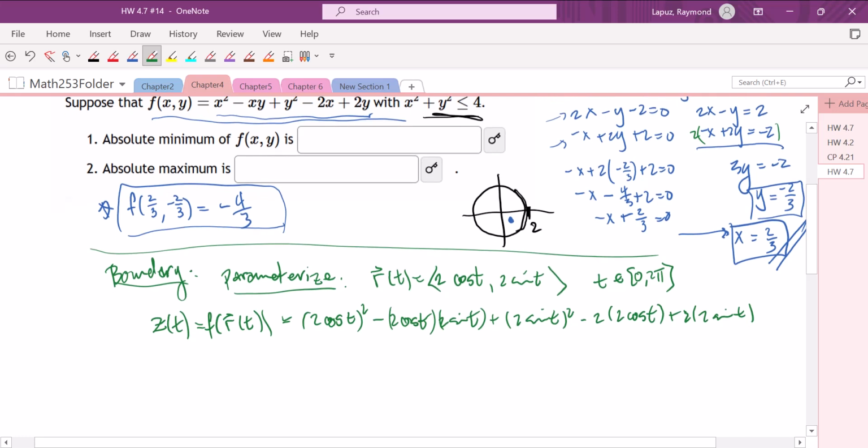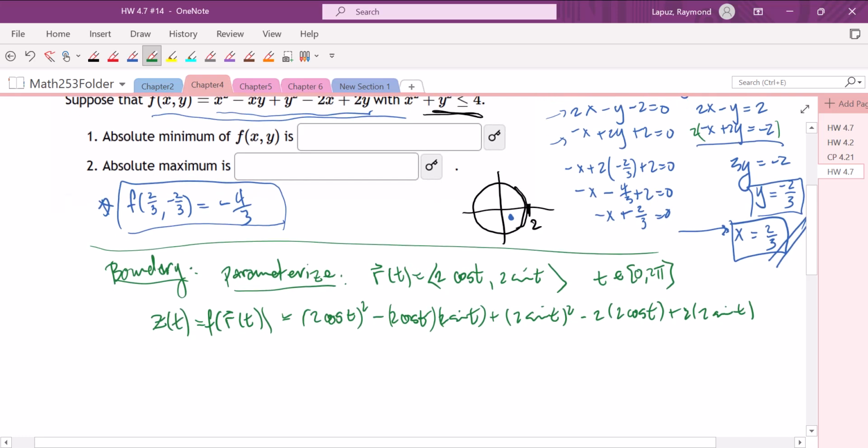So this is a big function that we want to deal with and find the max and mins. I'll simplify this a little bit, but to find the max and min of this, I would fall back on technology to help us out. Here, these two underlined terms have a sine squared and a cosine squared combination, and then there's a 4 that would come out of that.